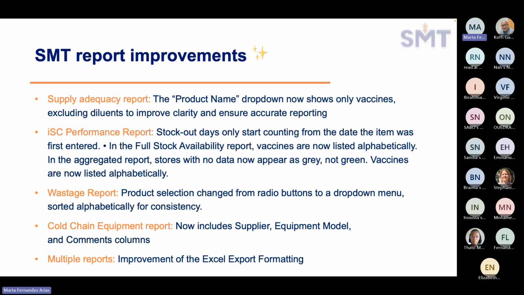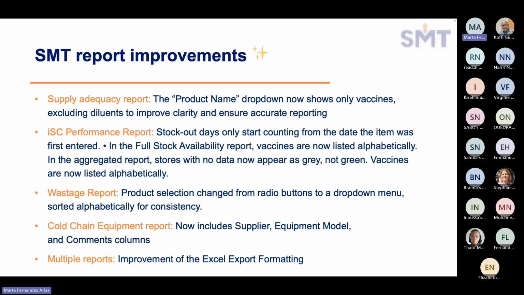Before, let's imagine that I start using the eSMT on, I don't know, 15th September, and I register my starting balance of BCG, starting from 15th September. If I later go to the stockout days report, it will show me that in September, the first 15 days, BCG was stock out and was available starting from the day 15th.